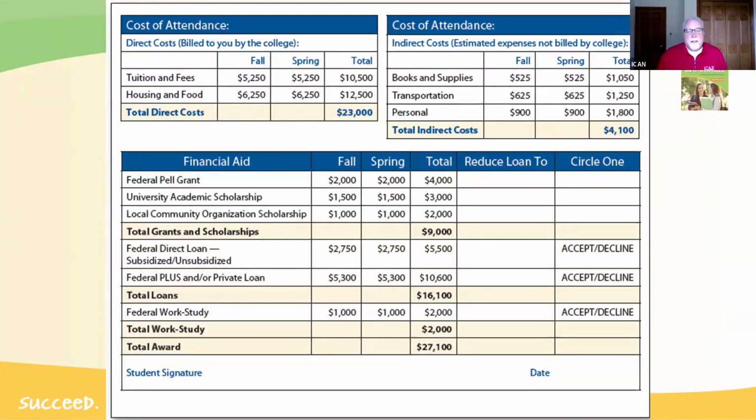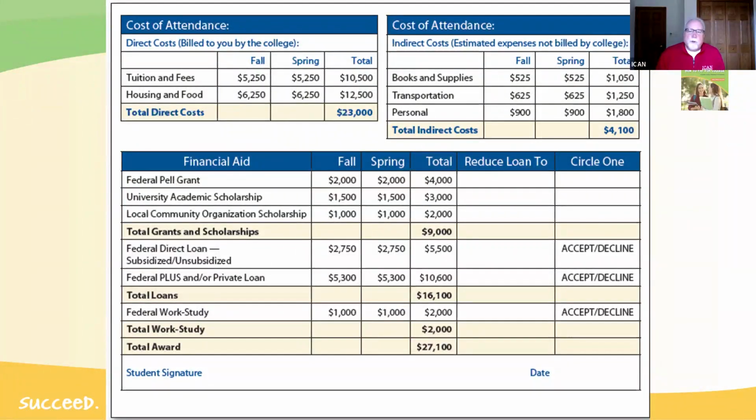Well, but if you look a little bit more closely in between at the financial aid they're offering, you'll notice that they're offering $9,000 in, remember what I called the good stuff, the grants and scholarships that don't have to be paid back. They're offering a little bit over $16,000 in loans that if you access those would have to be paid back. And they're going to set aside $2,000 in work study that a student can earn by working part-time on campus.